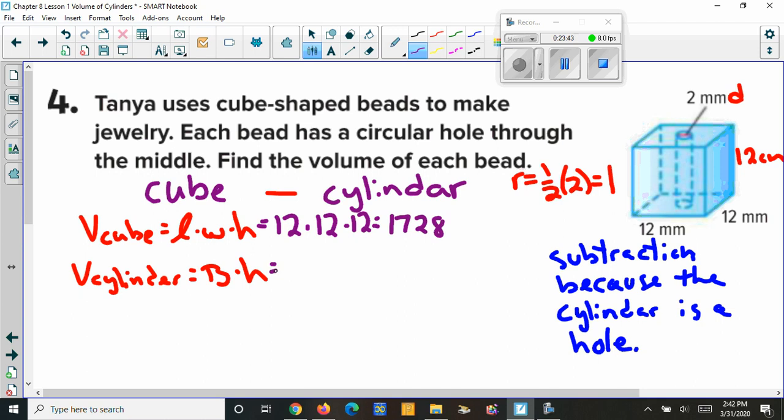The volume of the cylinder is pi times 1 squared times 12, which gives me an answer of 37.7.